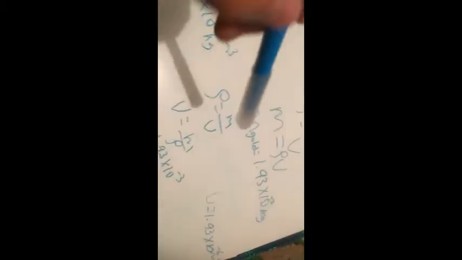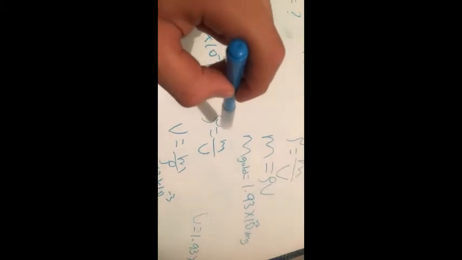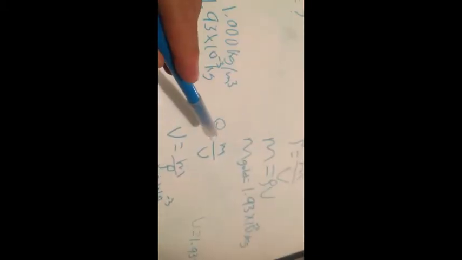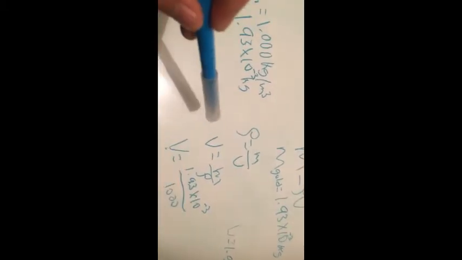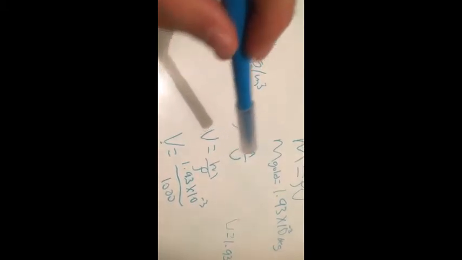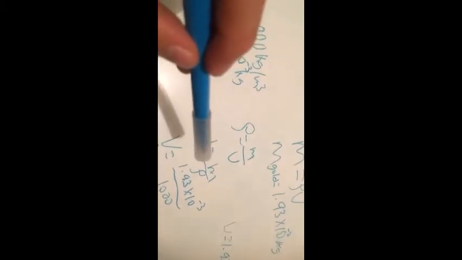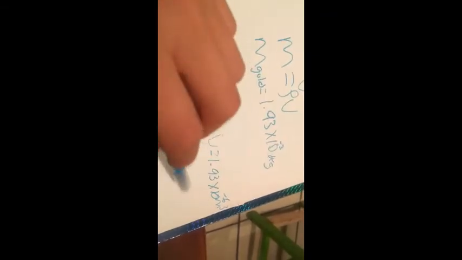Now we have to solve for volume. Density equals mass over volume, so volume is equal to mass over density. Here is the operation, and here is the result. The volume of the water is equal to 1.93 times 10 to the minus 6.